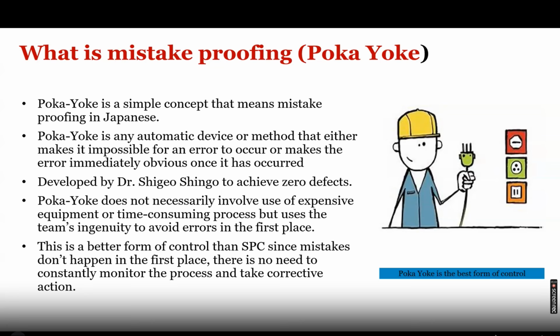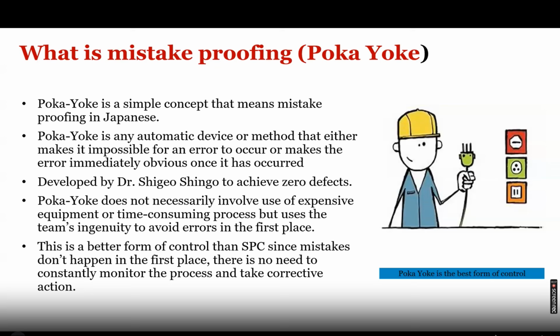If you see this picture on the right hand side, this is a factory worker with a 3-pin plug in his hand. And there are three sockets on the wall. One 1-pin socket, one 3-pin socket, and a 2-pin socket. Do we need to tell this person that boss, your plug will only go into your 3-pin socket?